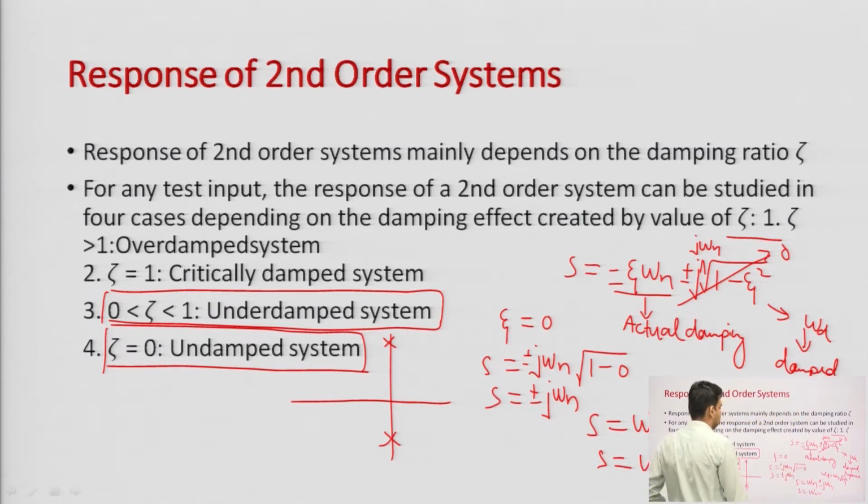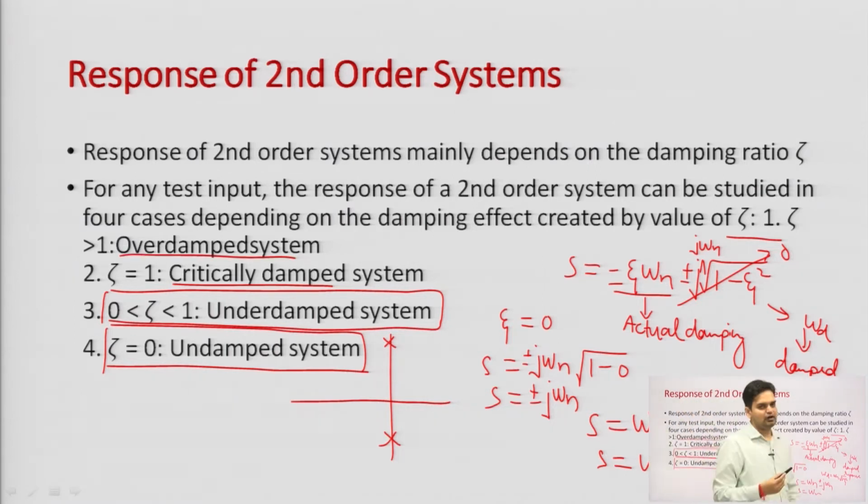In this case you get a critically damped system, there would not be any oscillation, and you get a real value. Whenever zeta is greater than 1, I will get an overdamped system. How it will come, we will see in the next slide.